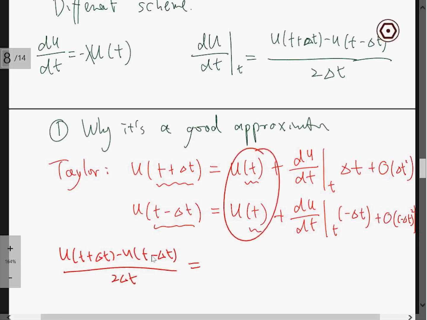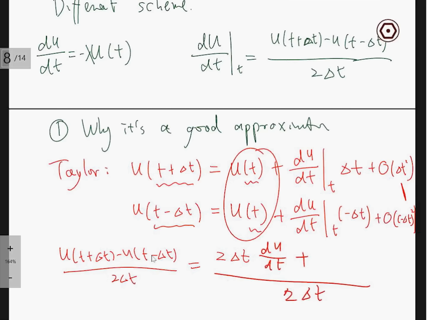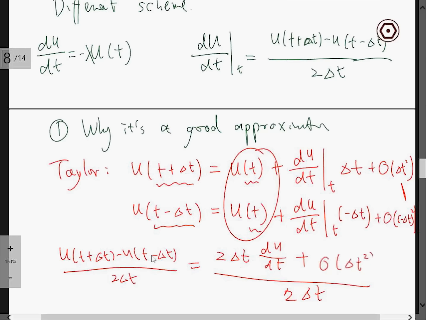These two terms have different signs, so they become twice as big: 2 times delta t du dt, plus, I'm just going to write this down. What is the difference between these two O delta t's? Do they cancel out? No. It's still O delta t squared.